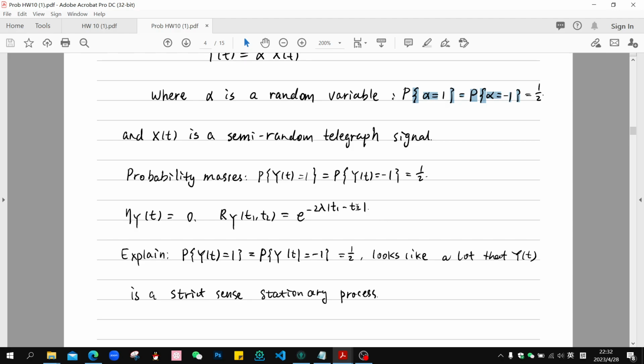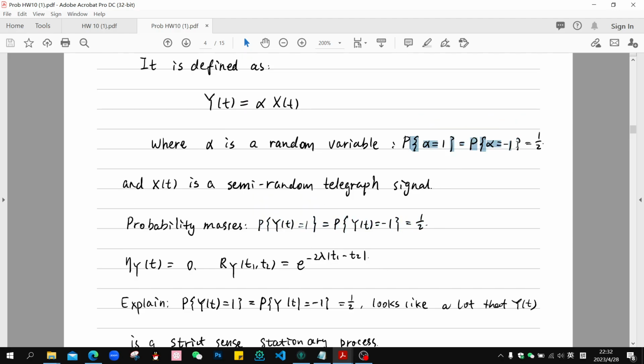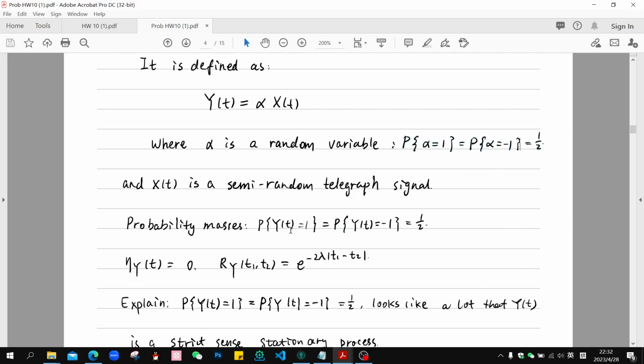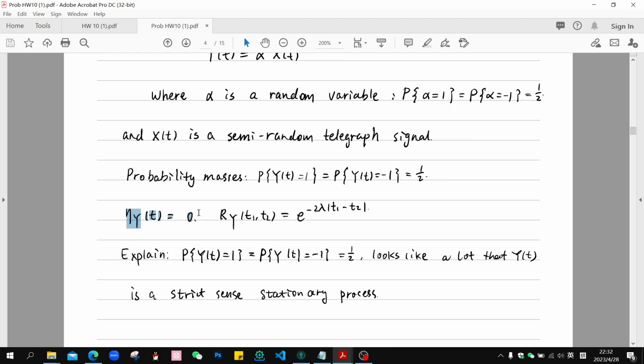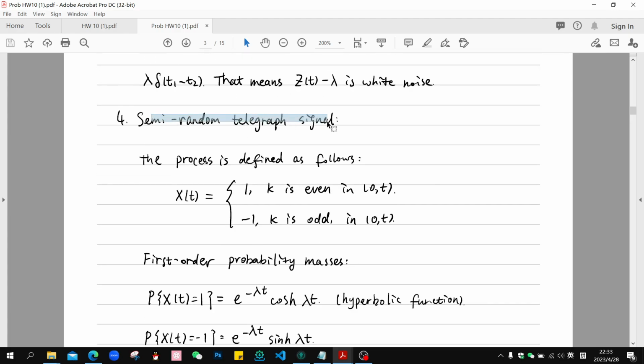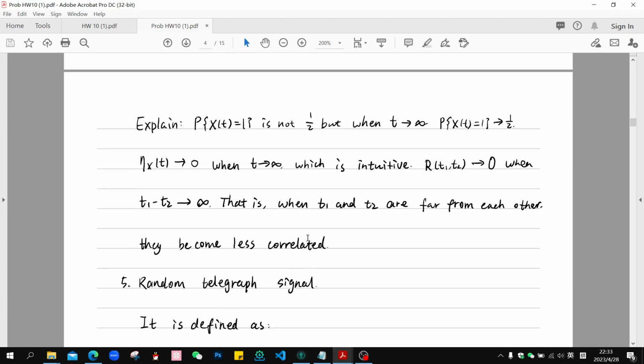The probability masses are the same as this, and the expectation is 0, and the autocorrelation is the same as the semi-random telegraph signal here.